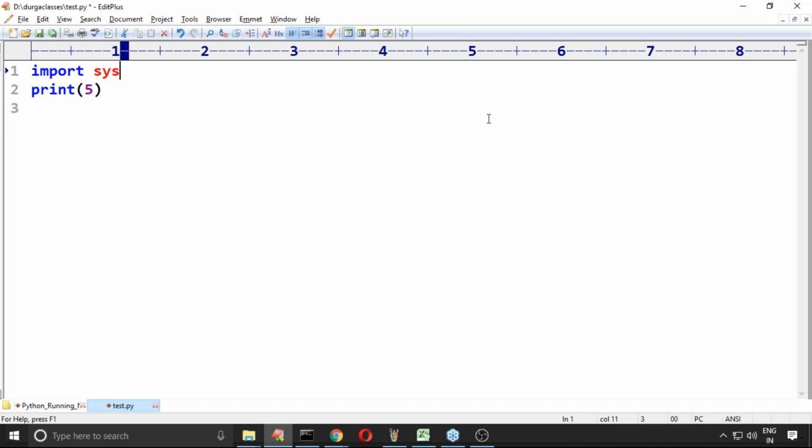In the last session I told you, import the sys module. Now sys dot getsizeof of 5. By using how many bits the data will be represented in memory, we should be aware.